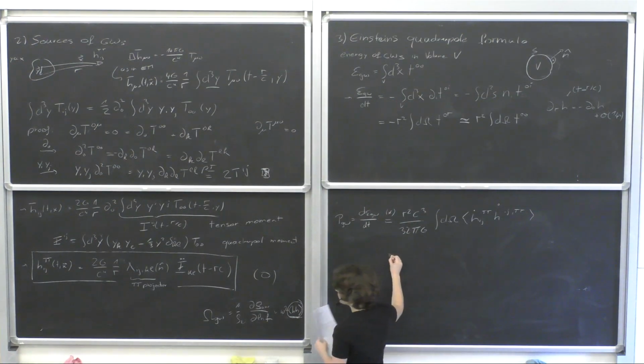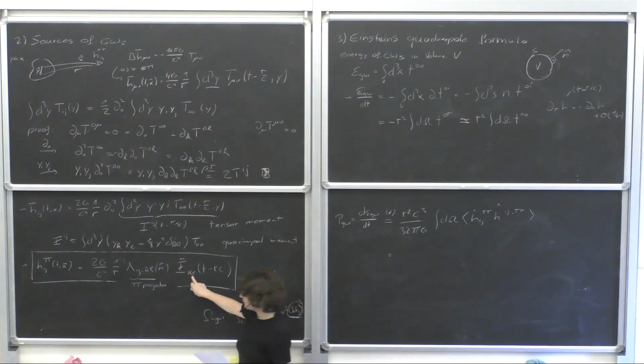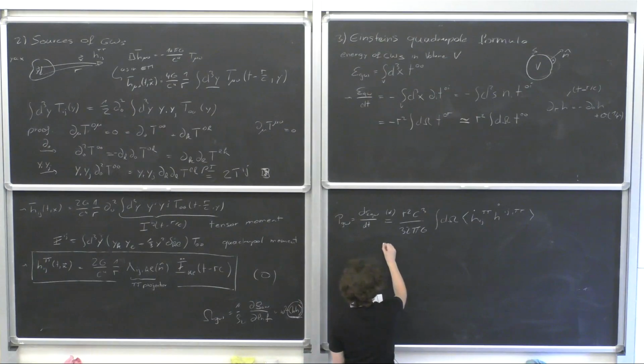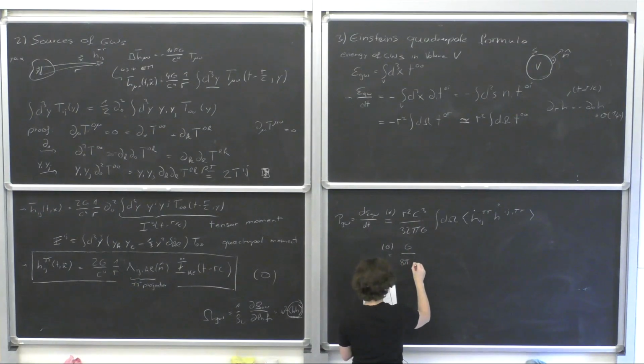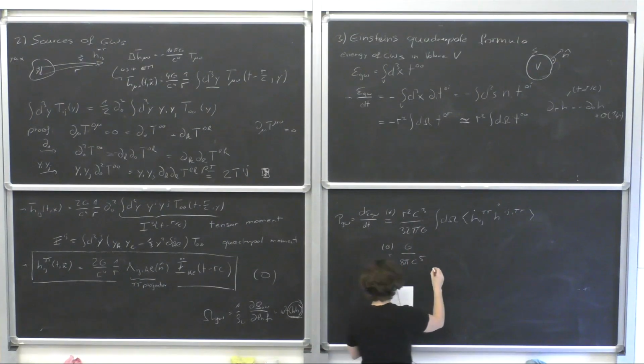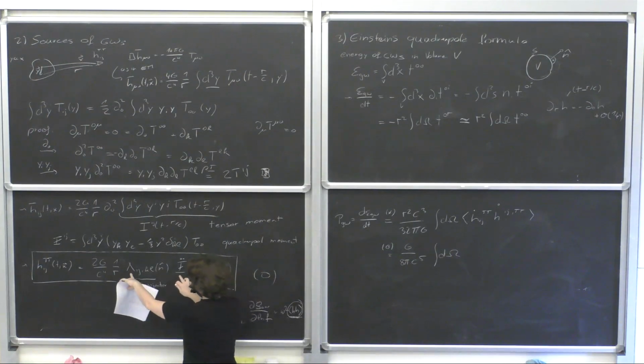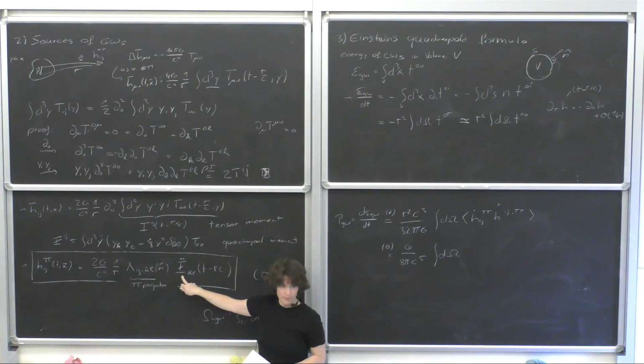And now I use this expression here and plug in this expression for h^TT. And I get, okay, the expectation value of lambda times I squared.